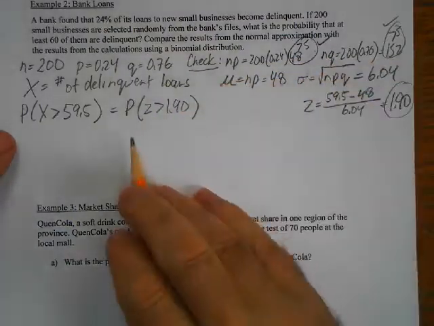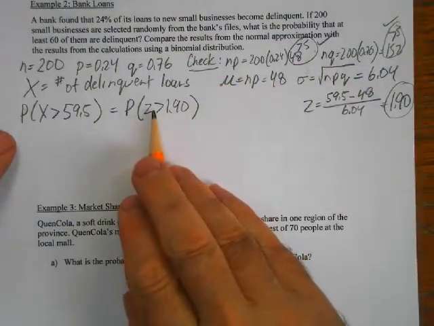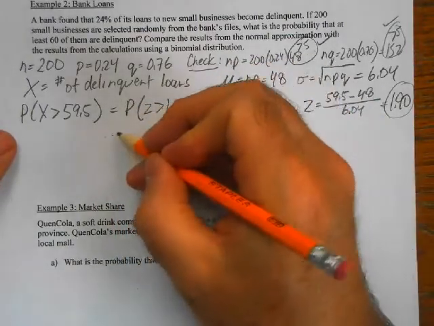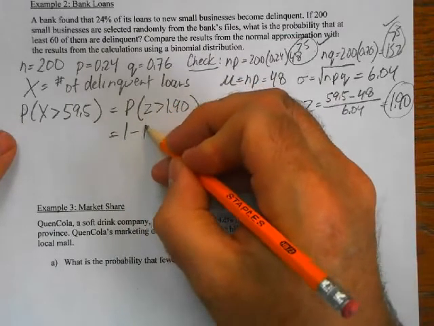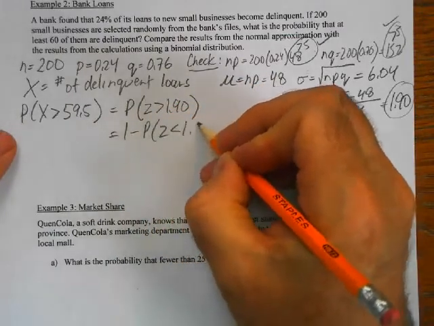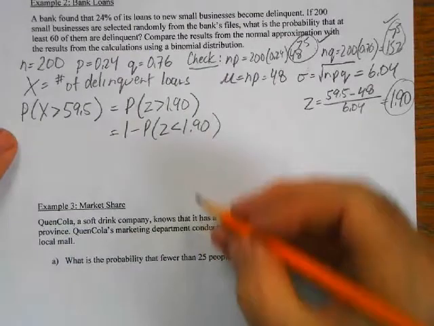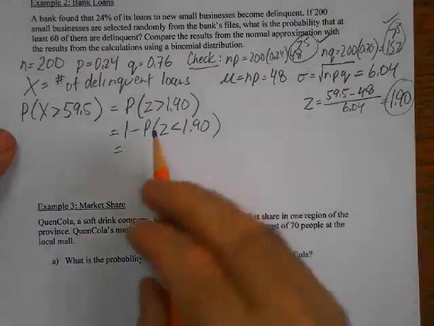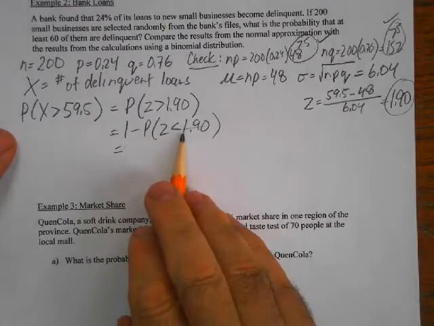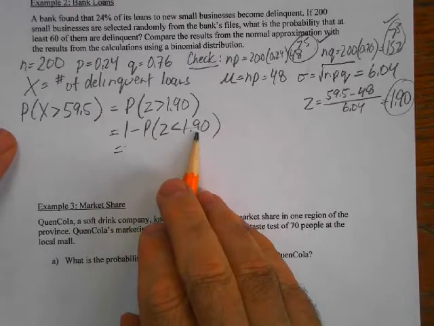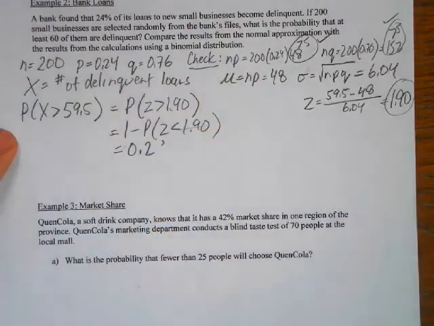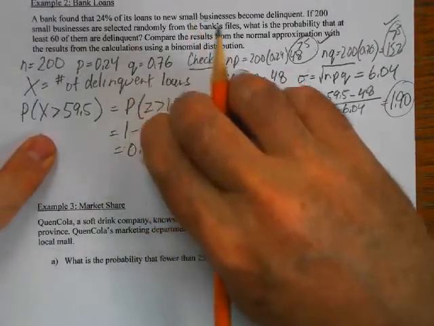And again, with z-scores, we have to have z is less than a value because it's to the left of the curve. So that's equal to 1 minus the probability z is less than 1.90, which, if I just skip a step here, this value is like 0.971, so the whole thing is 1 minus that is, sorry, 0.029.